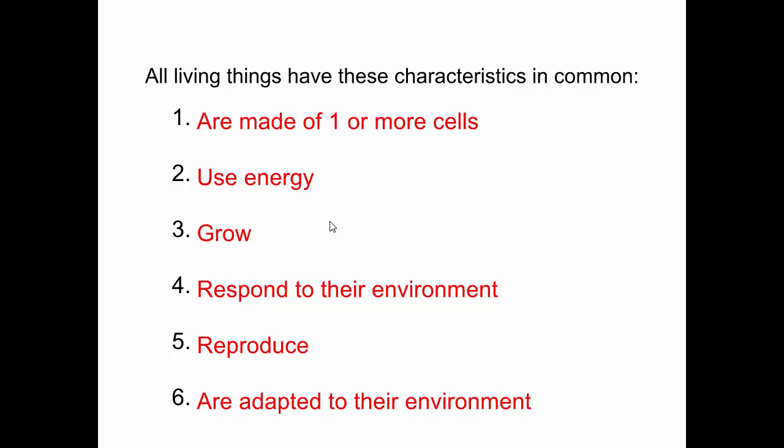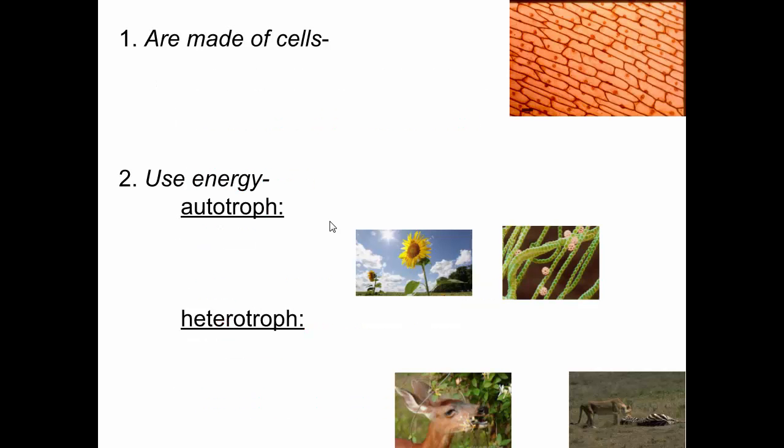So cells. Has anyone ever seen cells before? No. Why not? Because they're super small. Well, they're not just inside, they're on the outside of your body also. They are visible, but they are microscopic. But you can see cells through the microscope.